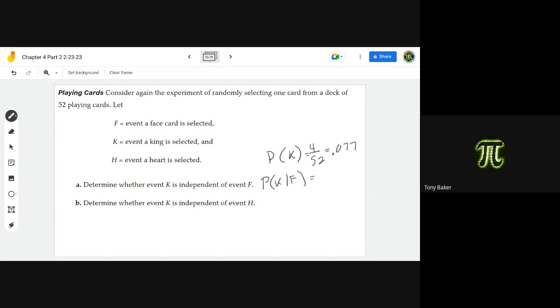It's 4 out of 12, which is 0.333. So they are not the same. So events K and F are not independent. Okay.